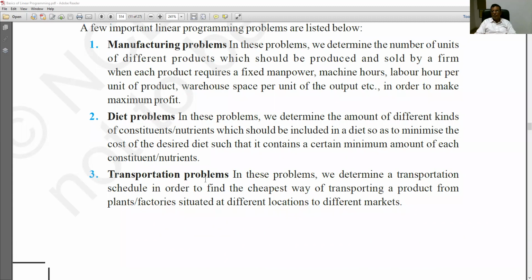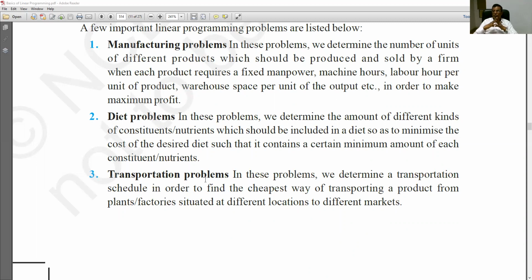And the third is transportation problem. Suppose you are working in Microsoft and the company is located in Jaipur, and you want to carry some hard disks and some hardware from Mumbai.